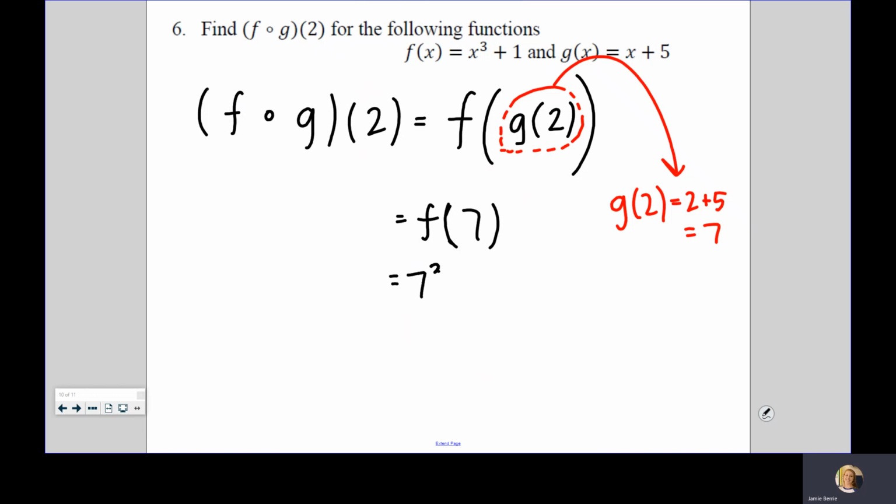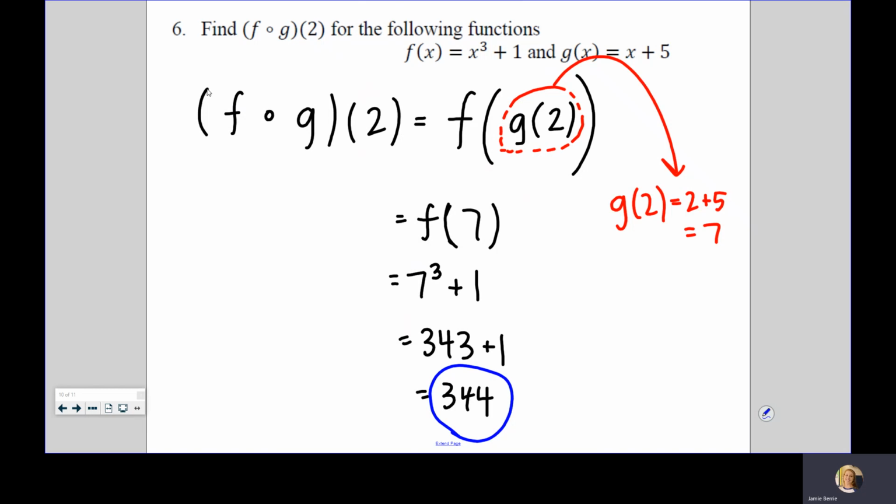So it's going to be 7 cubed plus 1. 7 cubed is 343. And then plus 1. So that's 344. So it's always easier when you're plugging in the number, especially for these composition of functions.